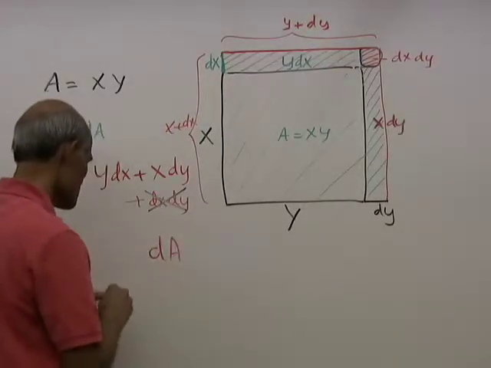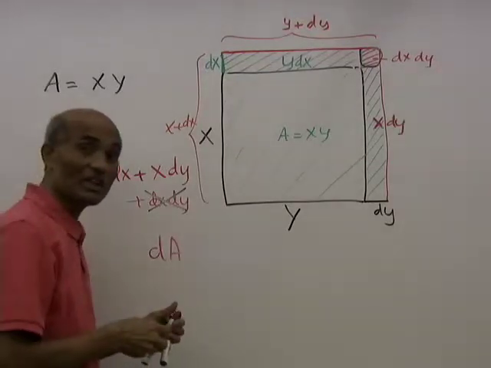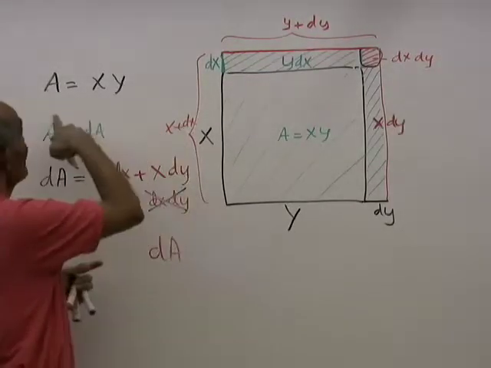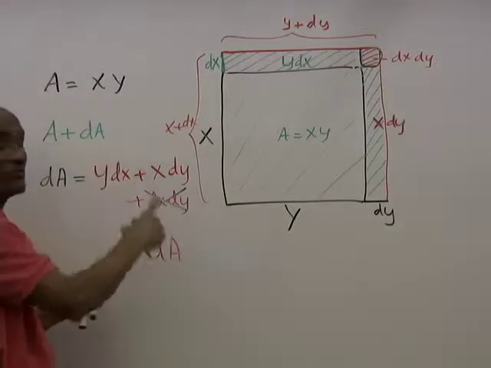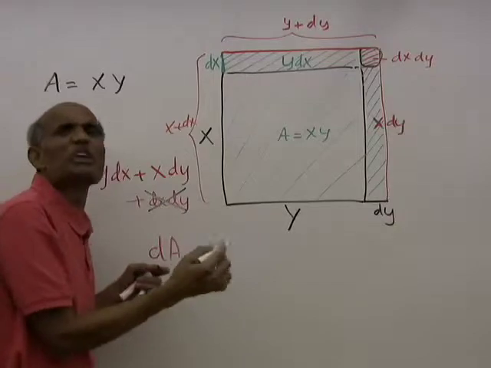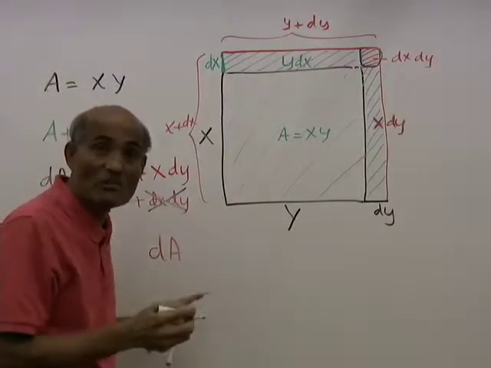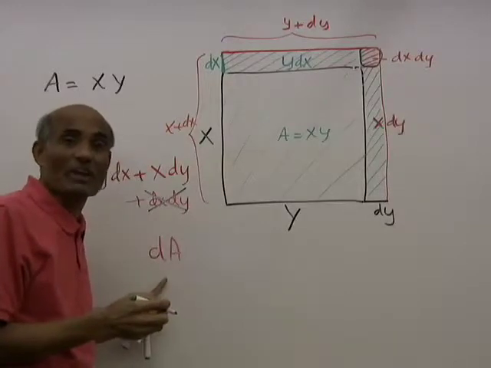dA, the increase in area, what is the other name that we have for it? The differential of A. If A is the quantity we started with, dA, the increase in area or the decrease in area, doesn't matter. If dx, dy are negative, we will get a decrease in area.